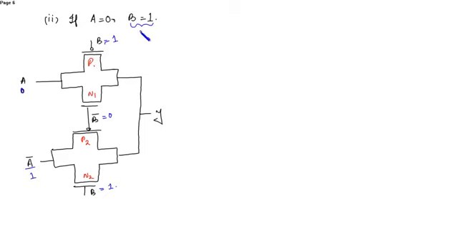We know that this B is the control signal and this A is only the input. So when B is equal to 1, then P1 will turn off. So here 0 is applied at NMOS 1, so that will also turn off.